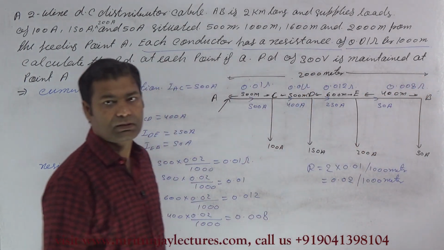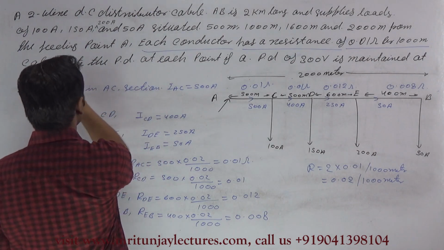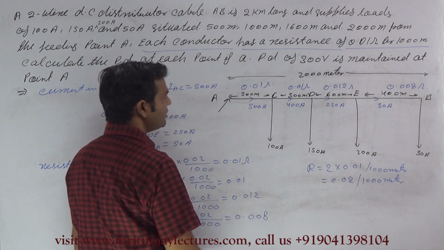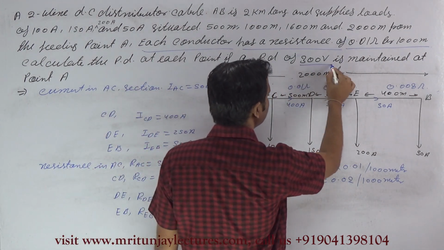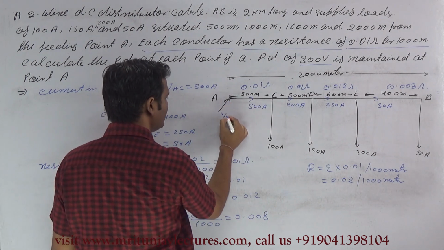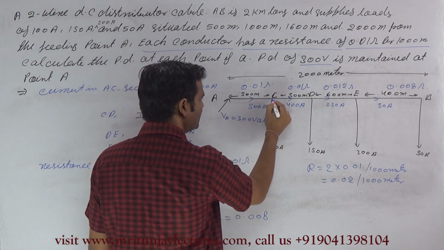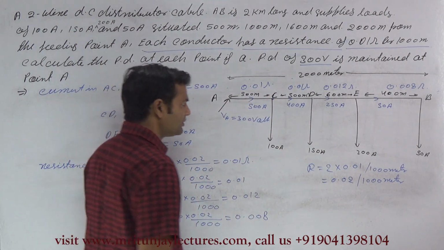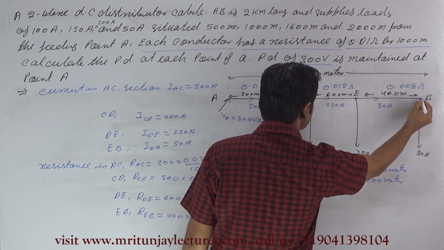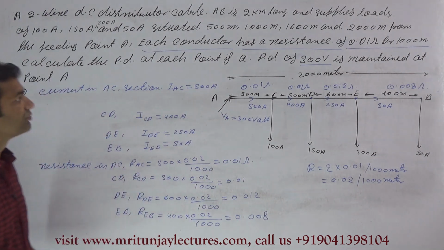Okay, now our motto is to calculate the potential difference at each point. A potential difference of 300 is maintained at point A, so VA is 300 volt. Our motto is to determine the voltage at point C, at D, at E, and at B. Clear?